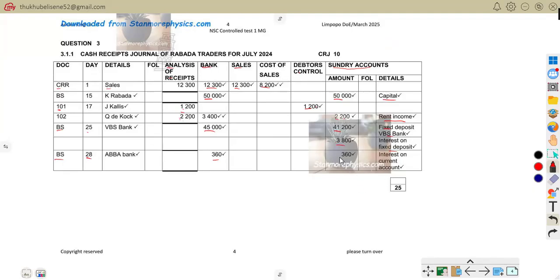So you're going to have interest amount, which is 360, and the details will be interest on current account. Interest on a current account, that is interest income that you're going to earn from the bank. That is interest earned from the bank. So hope we are together on that. That is question 3.11, and it is done.